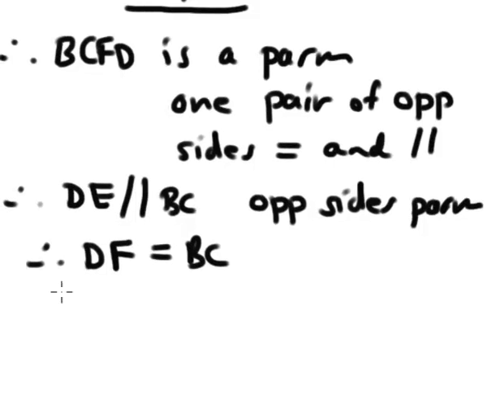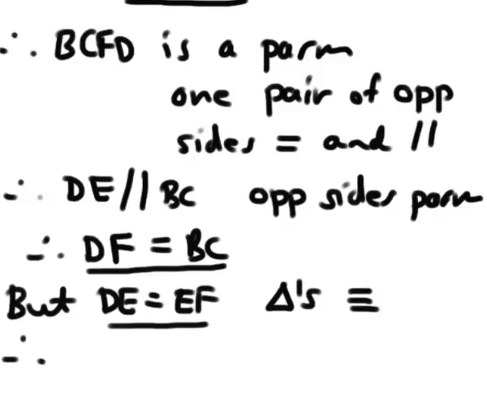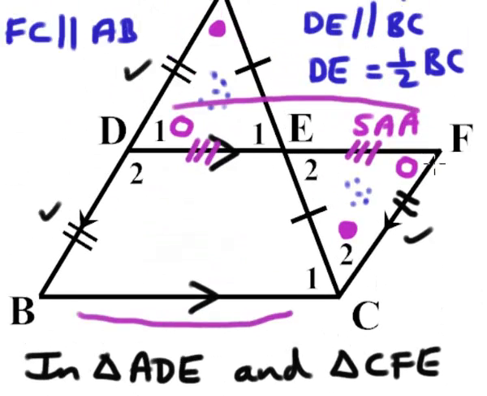We've got DE equal to EF, from the triangles being congruent, and we've got DF equal to BC. Look at that again: DF is BC, DE is equal to EF.